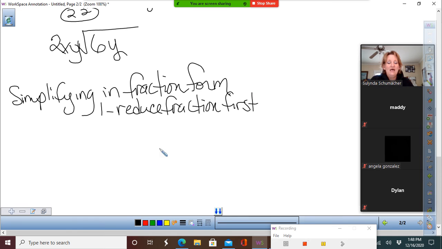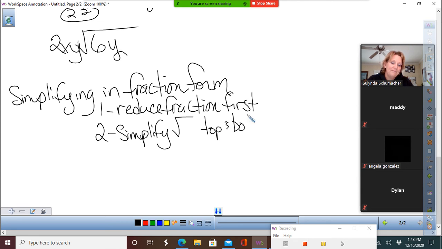Okay? If you can reduce the fraction, reduce the fraction first. Step 2. All right? Simplify the radical. And we're going to talk about simplifying the radical on the top and bottom. Step 3, we're going to rationalize.